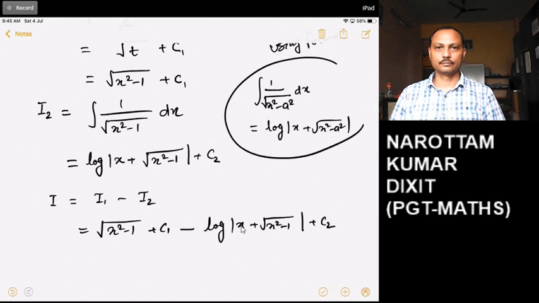Now c1 and c2 both are constant, so combine these two terms we will get another constant. So we can write under root x square minus 1 minus log of x plus under root x square minus 1 plus c. Both constants c1 and c2 combine into new variable c. So this is the answer.